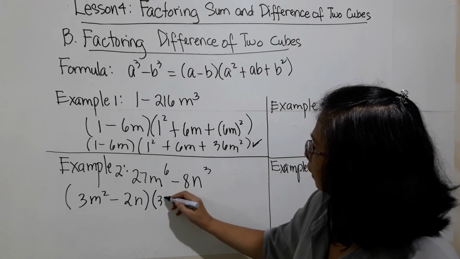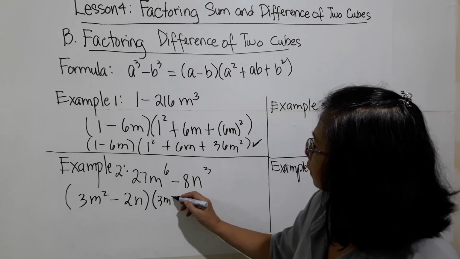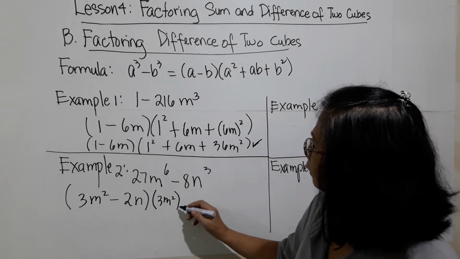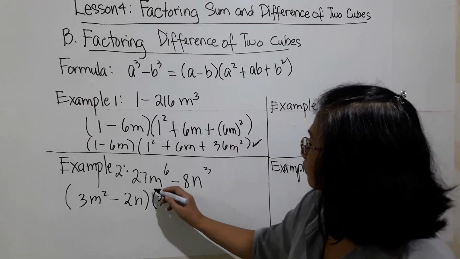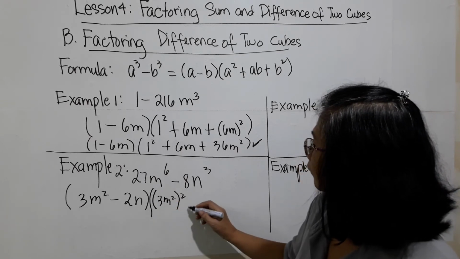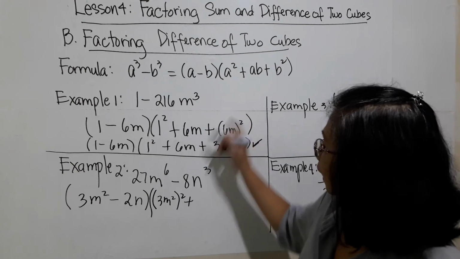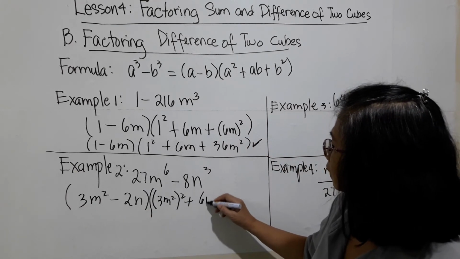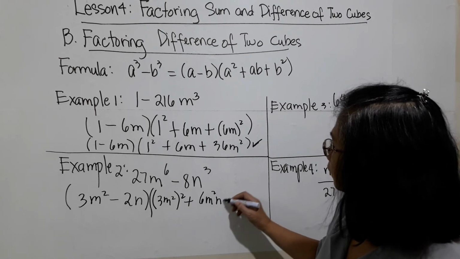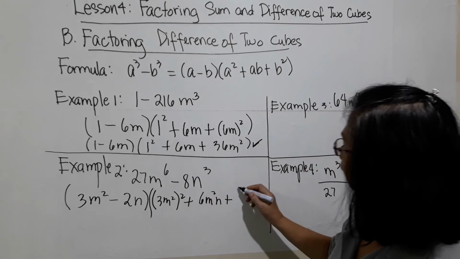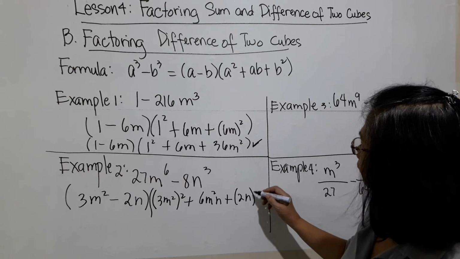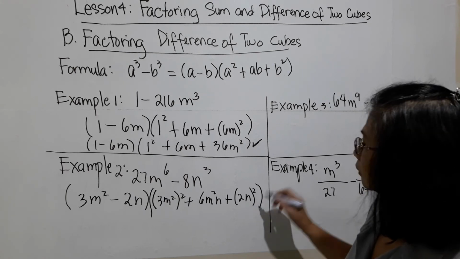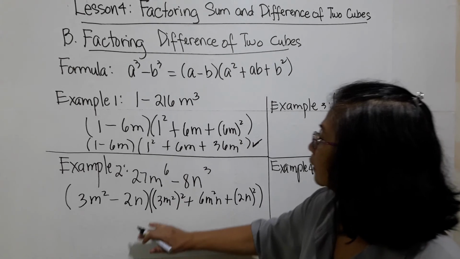That means 3m squared, square it, plus ab, multiply, 3 times 2 is 6m squared n, plus square this, we have 2n squared. Then we need to show the final factors.